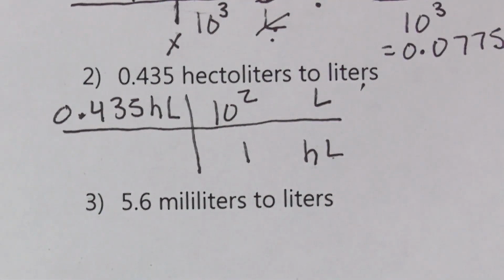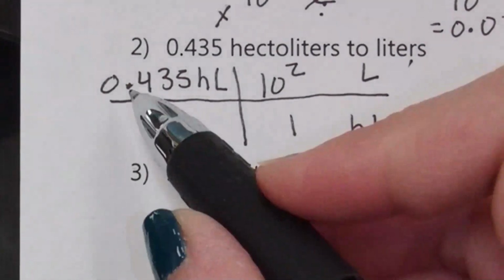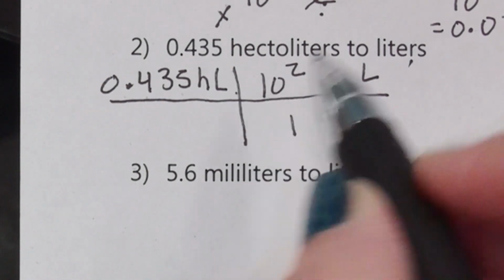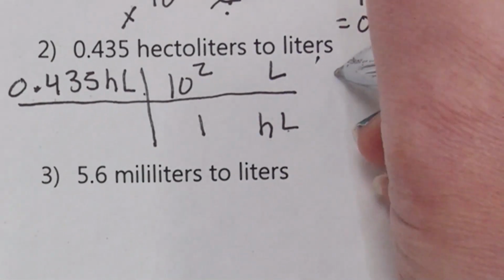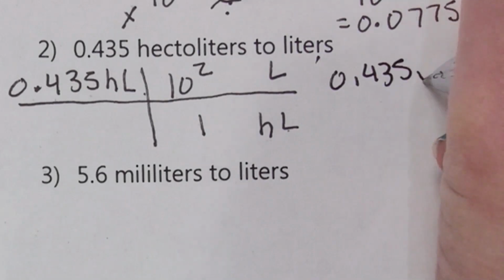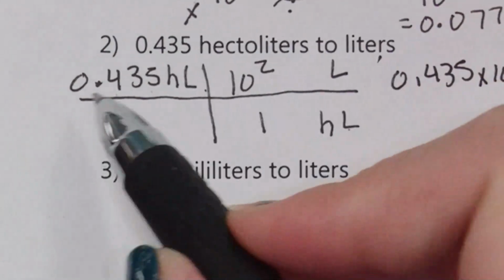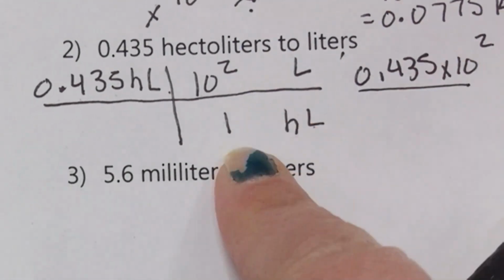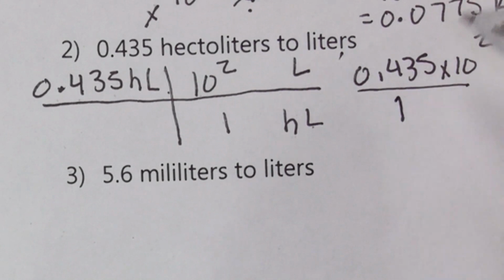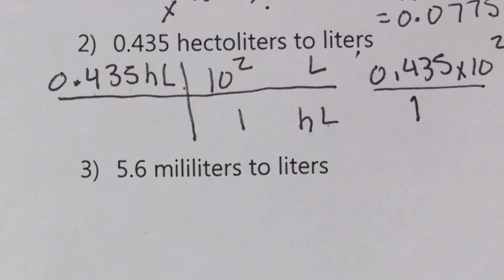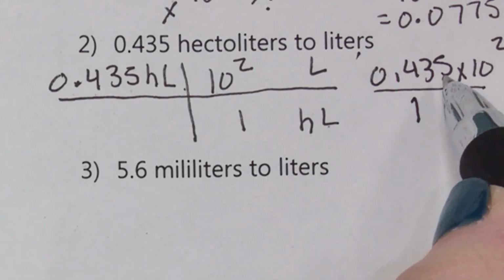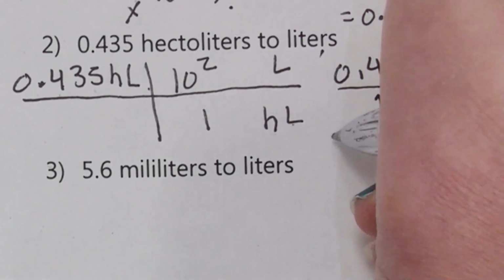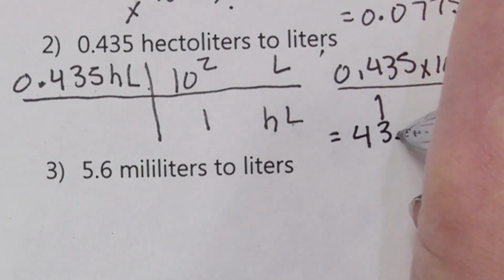So again, this essentially is 0.435 times 10 to the second divided by 1. All right, so when I take 0.435 times 10 to the second and I divide it by 1, I end up with 43.5.